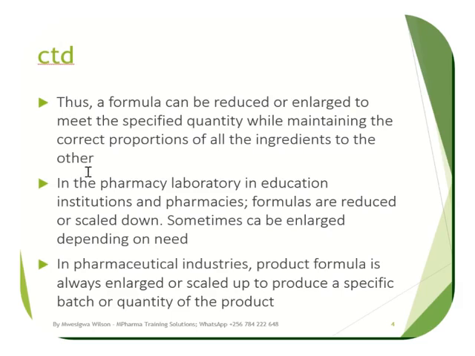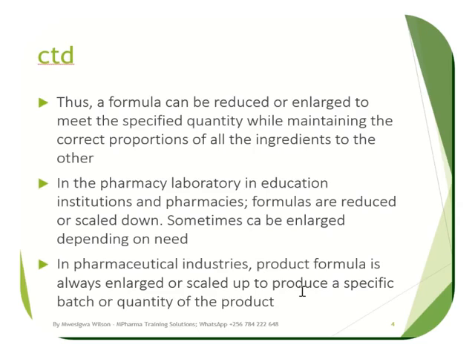For example, in our pharmacy laboratories in schools, like in our institution here in Fort Portal, the formulas are usually reduced. However, they can be scaled up or enlarged, for example when you're preparing a sanitizer, liquid soap, or any other pharmaceutical product which may require a larger batch or quantity. In pharmaceutical industries, they are preparing drugs for the whole nation, for the whole region.